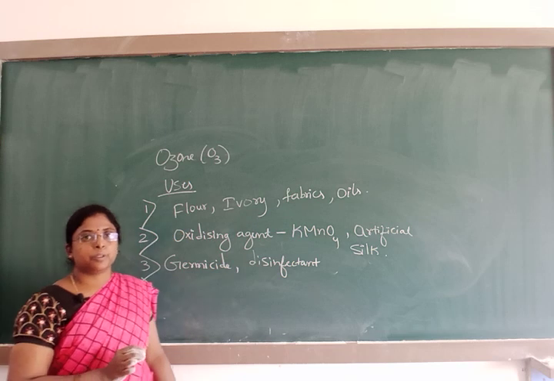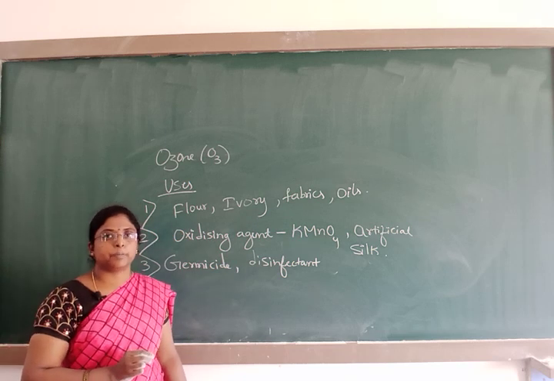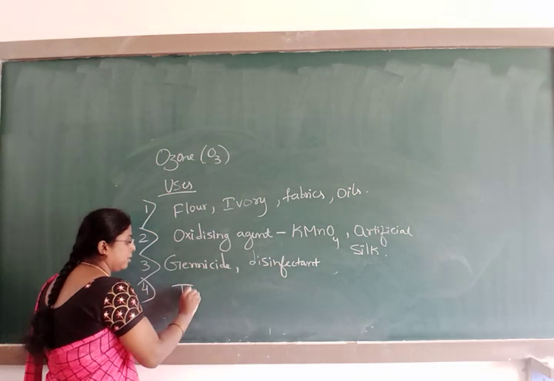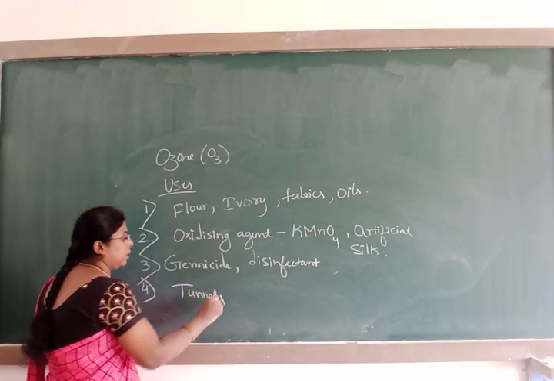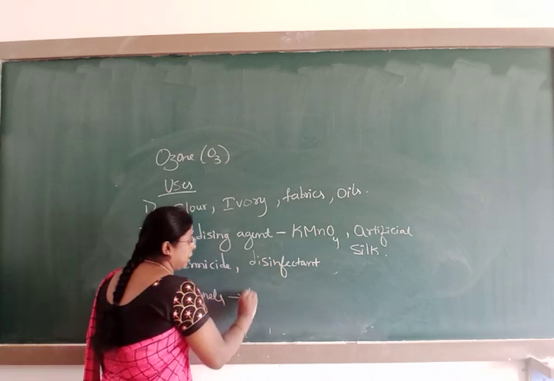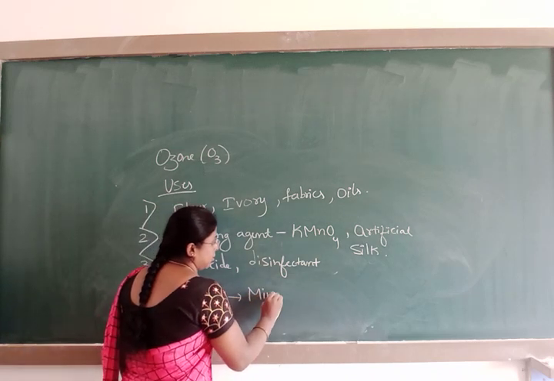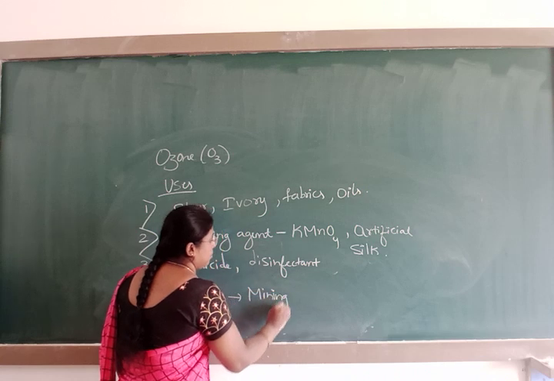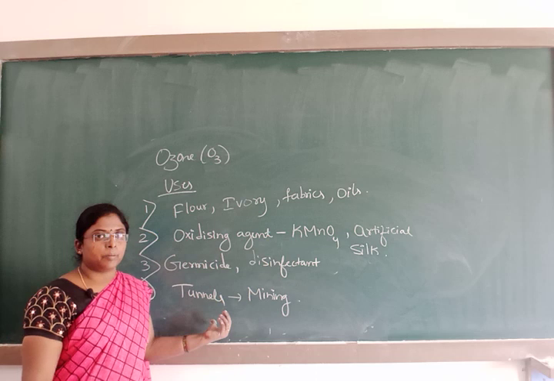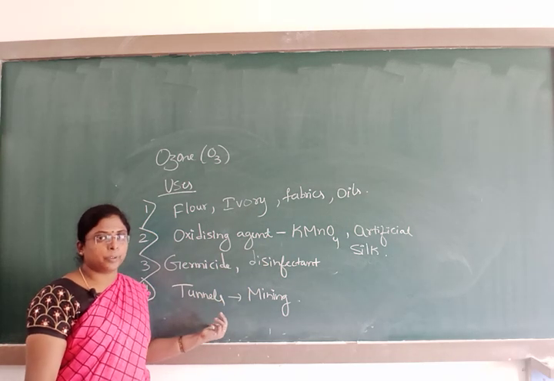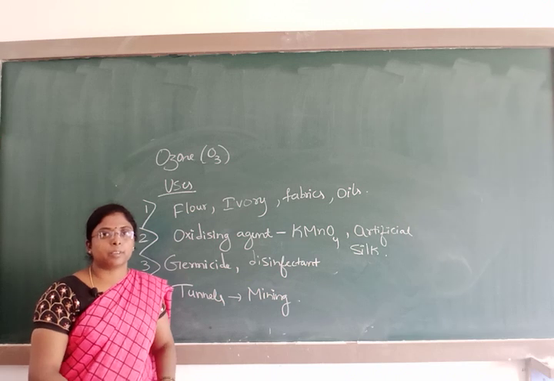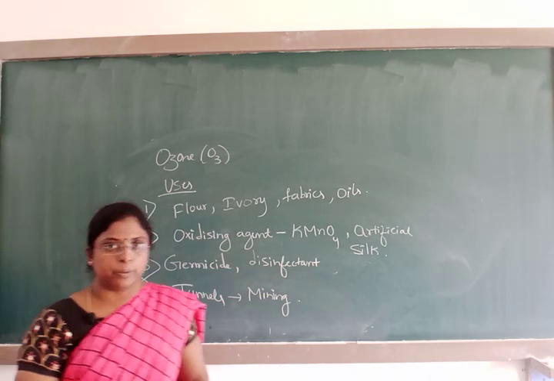It is used to purify the air in tunnels, generally in mining. In the mining industry, in the tunnels, there will be harmful air, and to purify it, ozone is used. These are some of the uses of ozone.